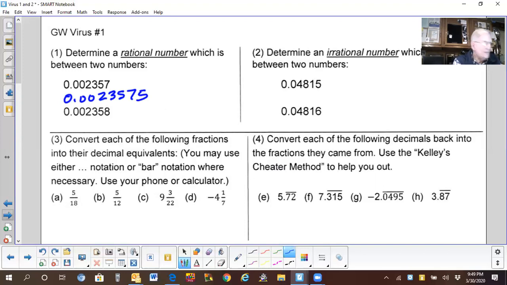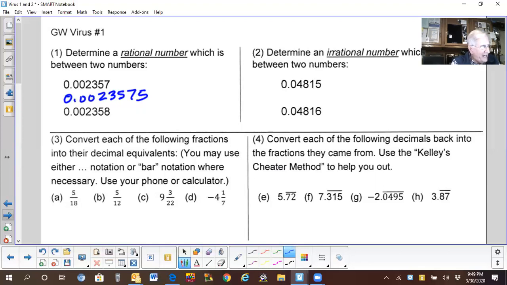Now, because it stops or terminates, we know that this is what kind of number? Well, it's rational, because rational numbers as decimals either terminate or repeat. This one that you see on the screen has terminated.